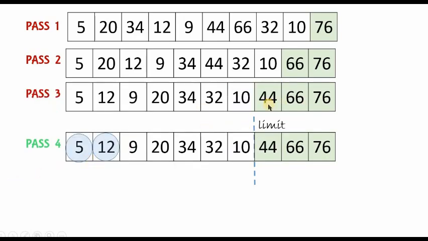At the end of the third pass, we have the last three elements in the correct position in the array. Hence the limit has shifted to this position.